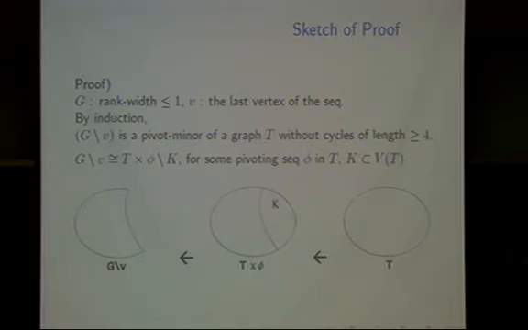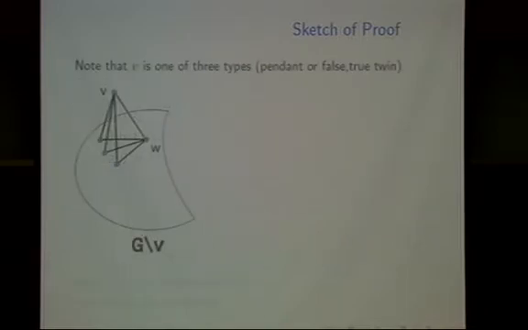And we want to add a vertex V, with some adding of a vertex or some graph in T. V is one of the three types: pendant, false twin or true twin.